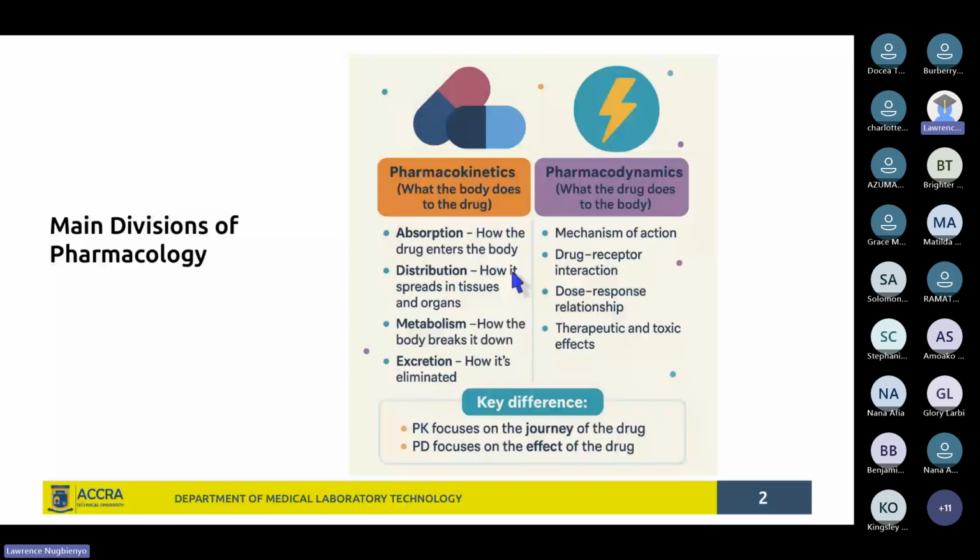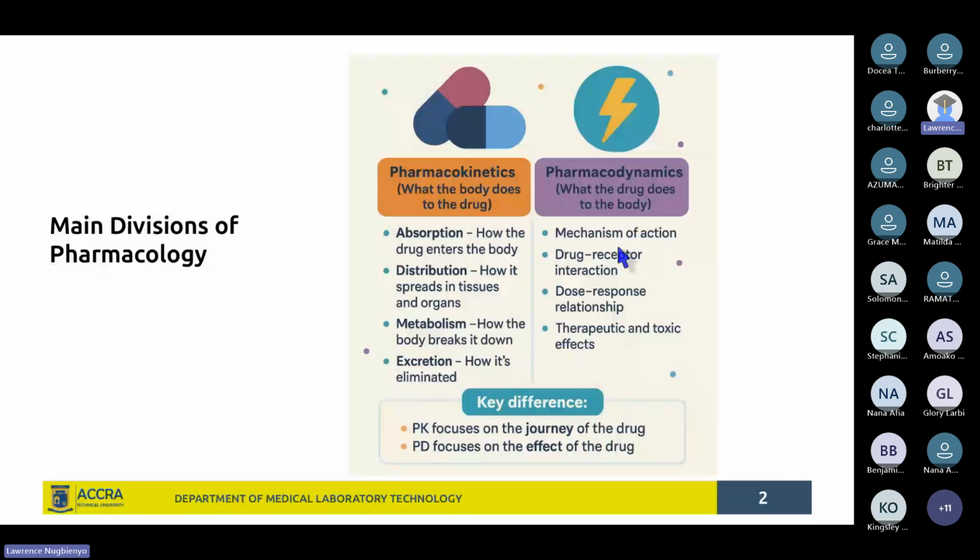Pharmacodynamics, on the other hand, we'll be talking about the effect of the drug on the body. So this is where we talk about mechanisms of action of the drug. At the cellular level, we're talking about drug receptor interactions, just like what we did with cellular communication. We talk about ligands having interaction with receptors on the surface of the cell.